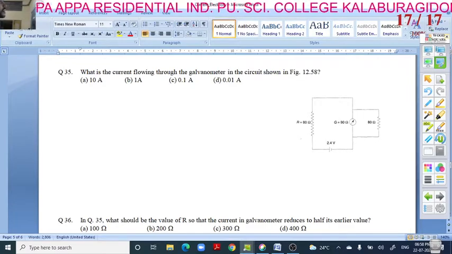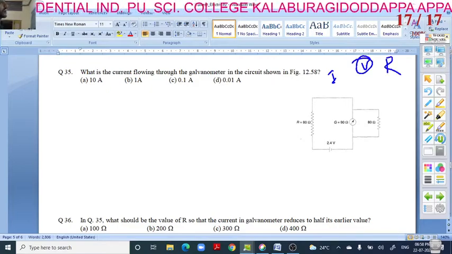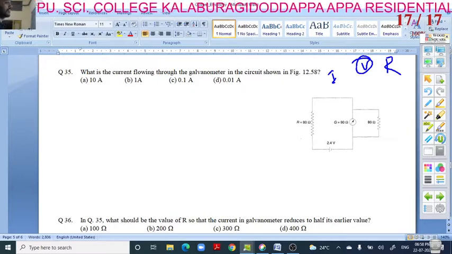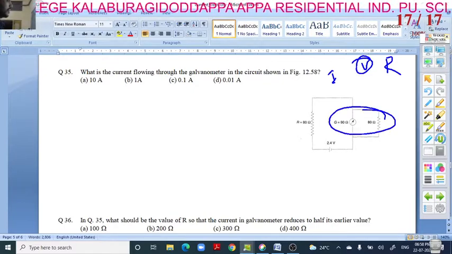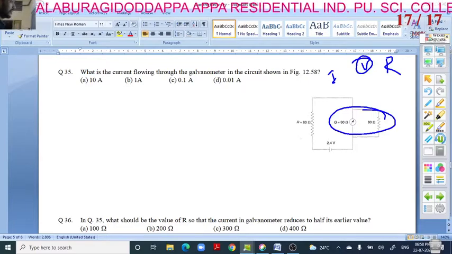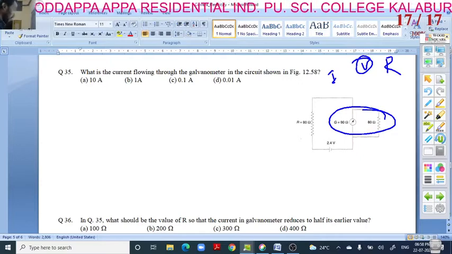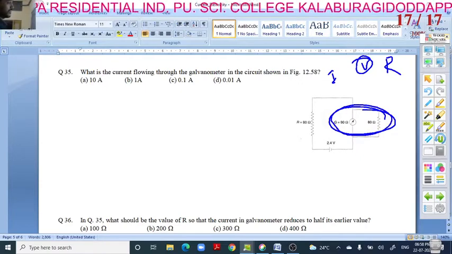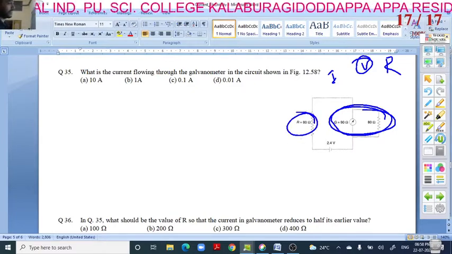To find the current, we should know the value of V as well as R. Using Ohm's law we can find it, but the resistances are given like this. These two are in parallel here, so apply the formula, and this resultant resistance will be in series with this resistance, right?